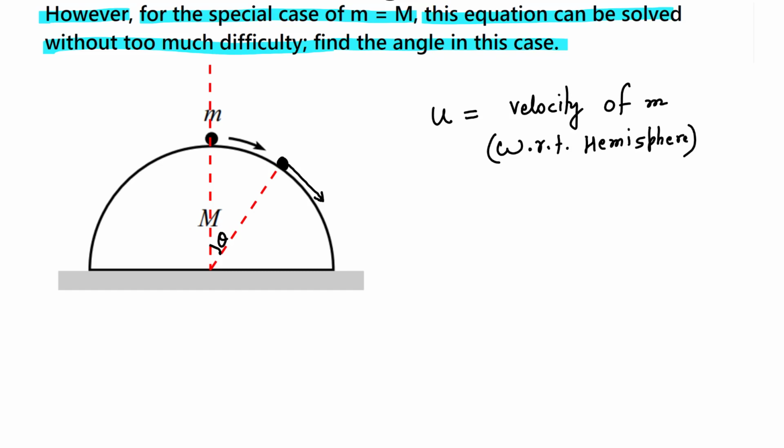And the hemisphere itself is moving in this direction with velocity v. So v is the velocity of the hemisphere.